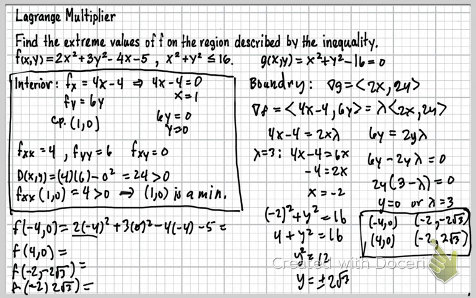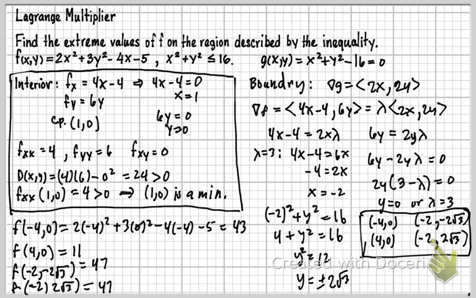So I can add that with this one because I'm squaring the negative on that one. So that's going to be 16, 32 there. So that's going to be 48 minus 5 is 43. So it's going to be 43 for that one. Now I'm just going to do the rest of them and show you the answers.